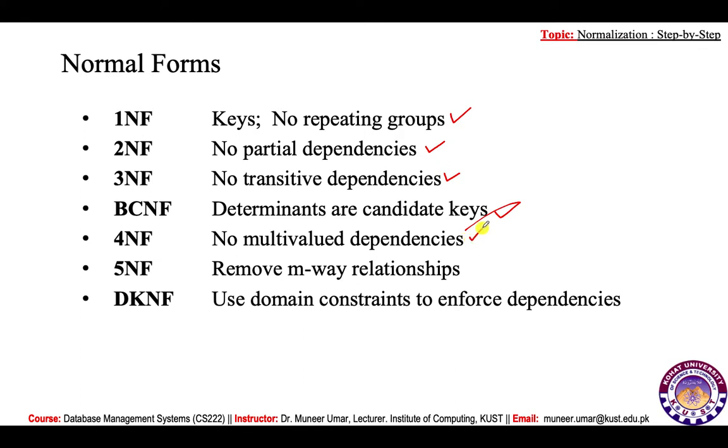In fifth normal form, we try to decompose the tables up to the maximum possible level, where we don't lose any data. And in the last normal form, DKNF, domain key normal form, we enforce the domain constraints for ensuring the consistency of data in the database tables.